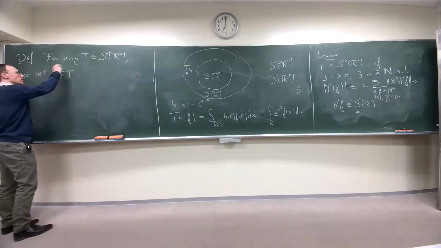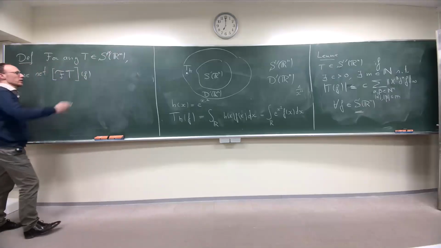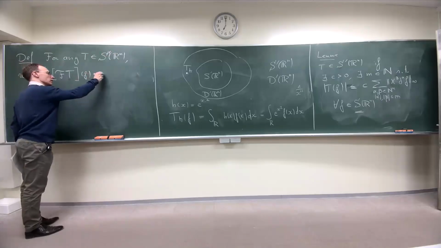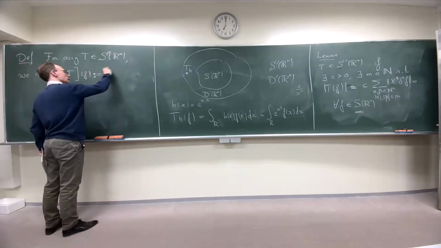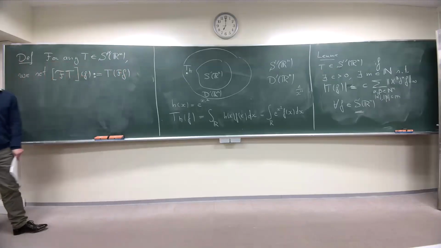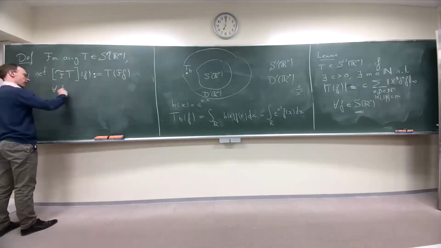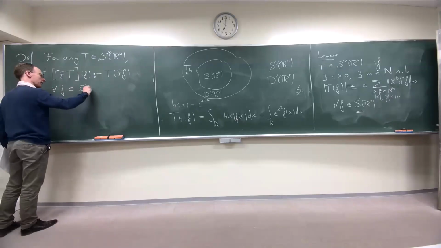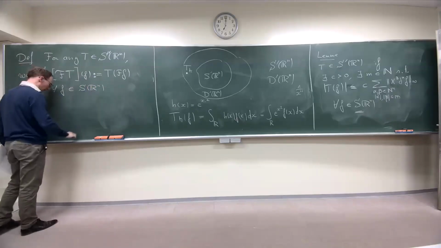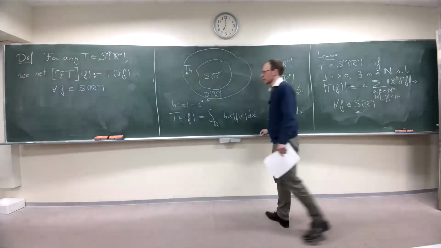And I already wrote this formula last time. Evaluated on F, by definition, it is T of the Fourier transform of F. And now you can see why this is well defined. I should write: for any F in the Schwartz space. Please think about this for a second. Why is it well defined?